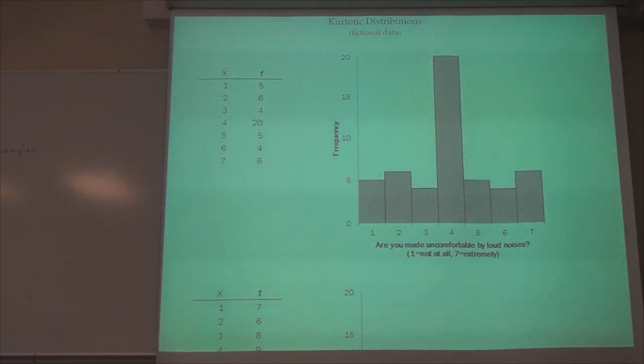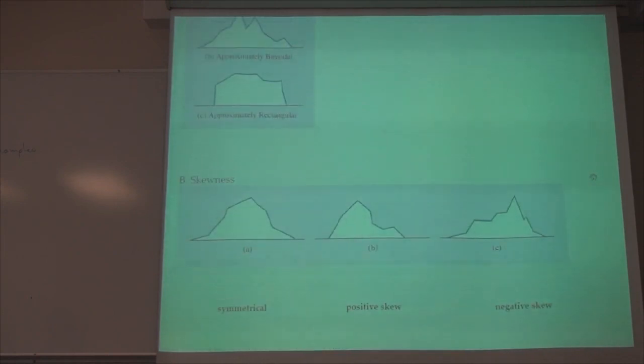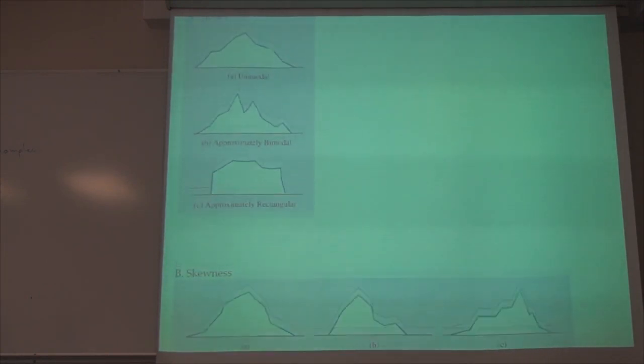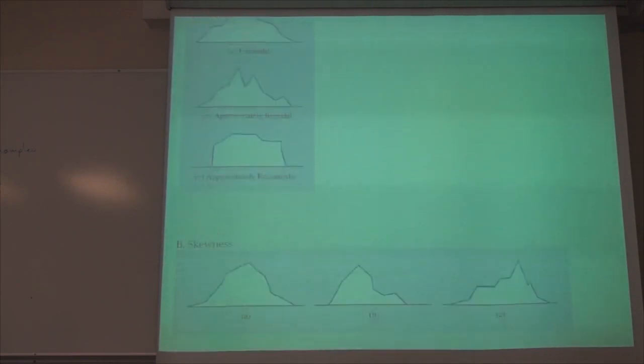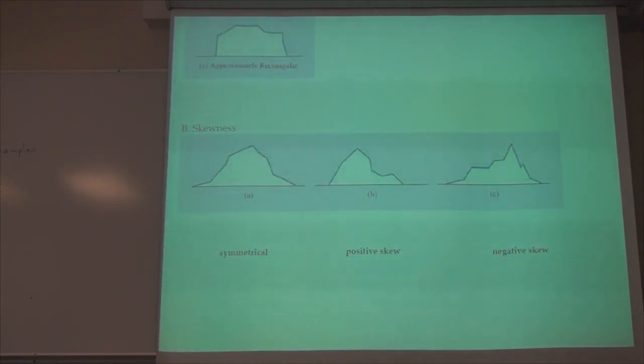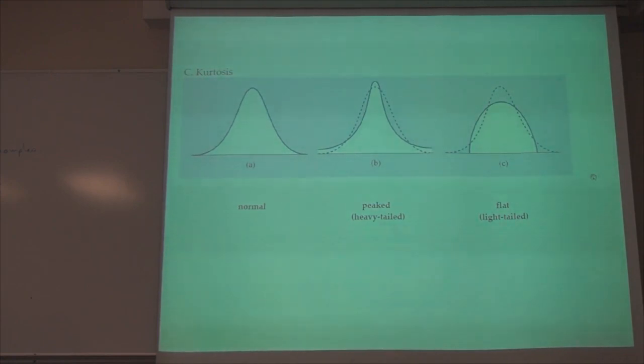So I have 3 different properties of the distribution. The mode, and how many different values are most common. The skewness, how it sits, to the left or to the right, or nice and symmetrical, as well as the kurtosis, how narrow or spread out it is. That tells me what I can expect.